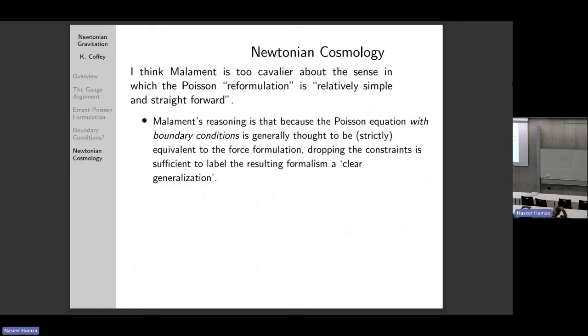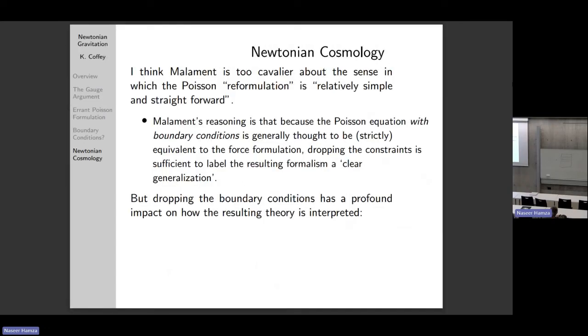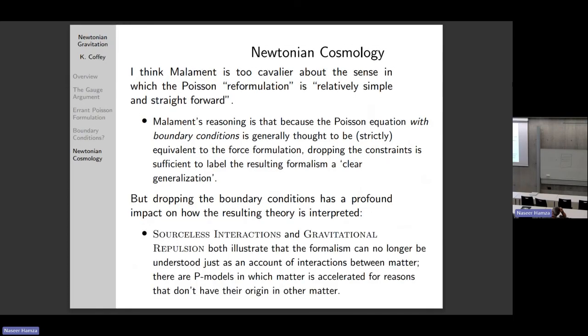Malament's reasoning seems to be that because the Poisson equation with boundary conditions is generally thought to be strictly equivalent to the force formulation, dropping the constraints is sufficient to label the resulting formalism a clear generalization. But as we've seen, as I've tried to illustrate in this talk, dropping the boundary conditions has a profound impact on how the theory is interpreted.